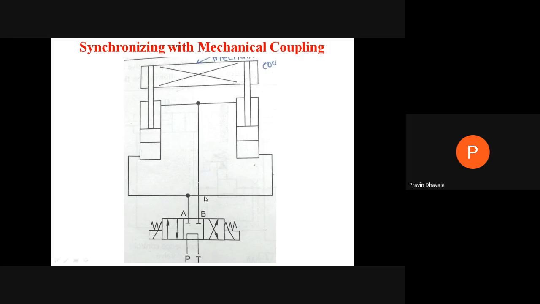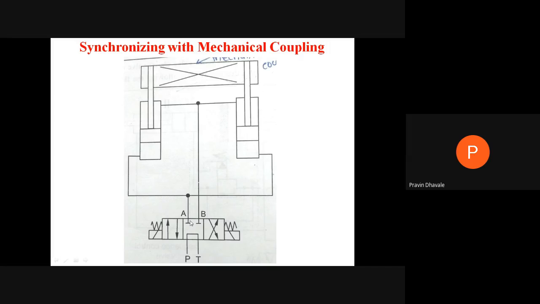The same flow will be divided, right, to the piston side of the second cylinder. This will be the port A. And port B is connected for whatever fluid is coming from the rod end of the first cylinder and the rod end of the second cylinder; it will be combinedly passed to the port.